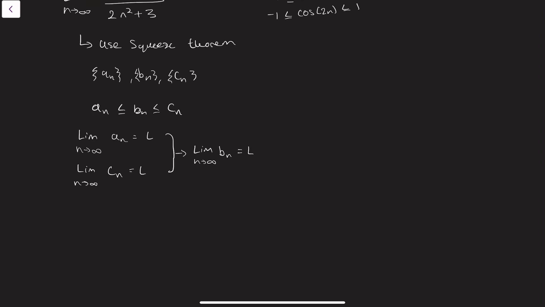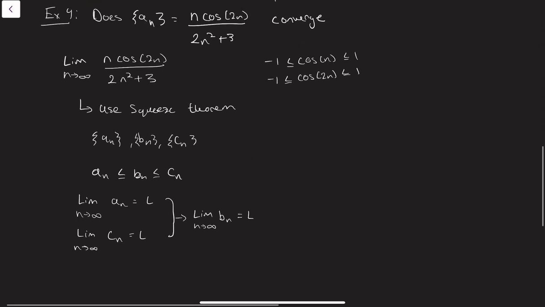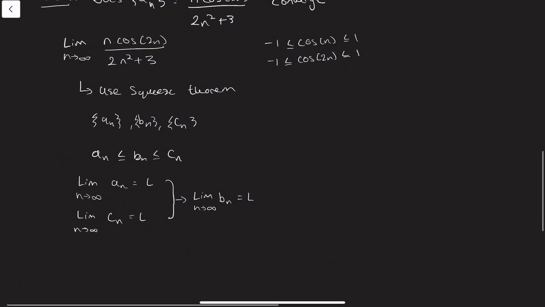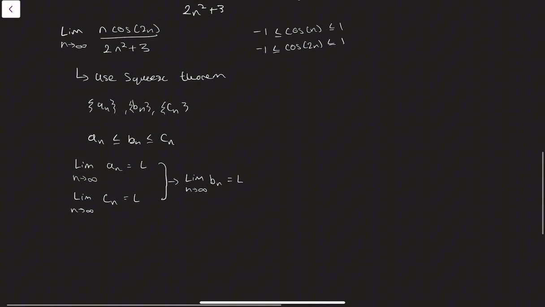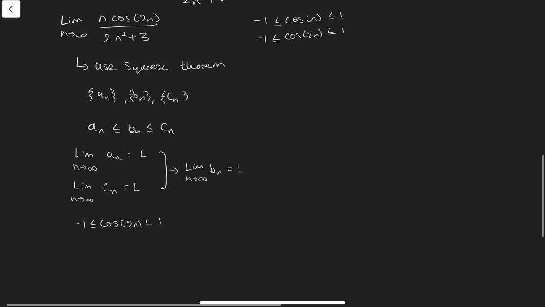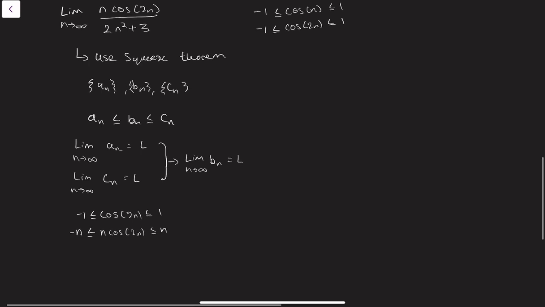So I'm going to construct our limit inequality as such, and I'll show you what I mean. We'll have -1 less than or equal to cos of 2n less than or equal to 1. Let's multiply every side by n. So I have -n here, n cos of 2n, and n here.